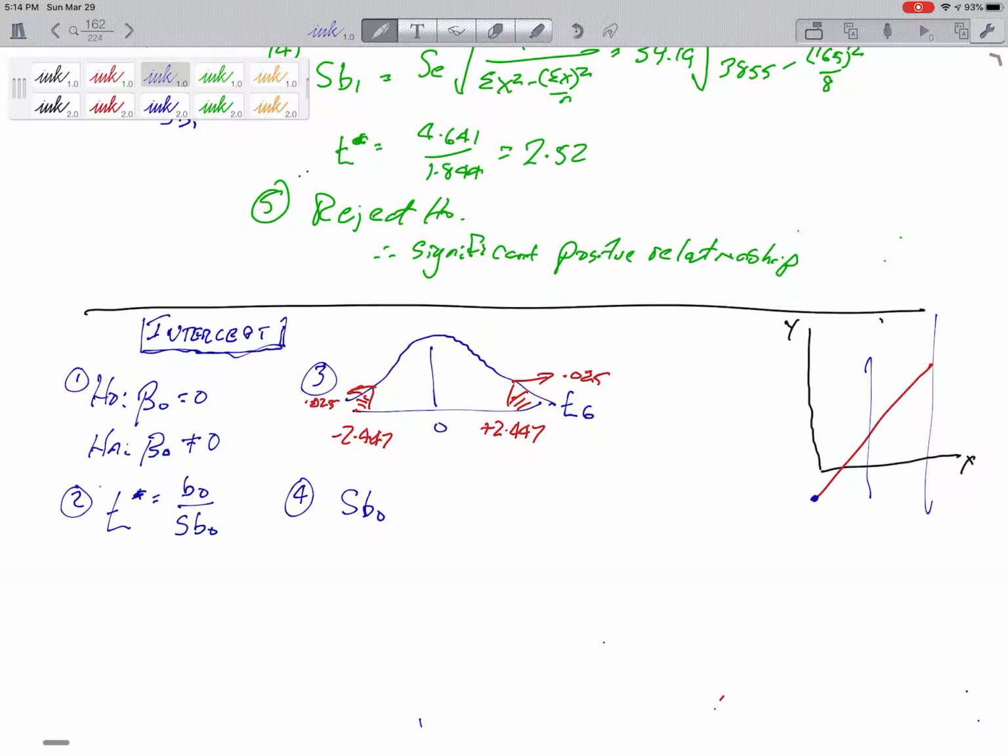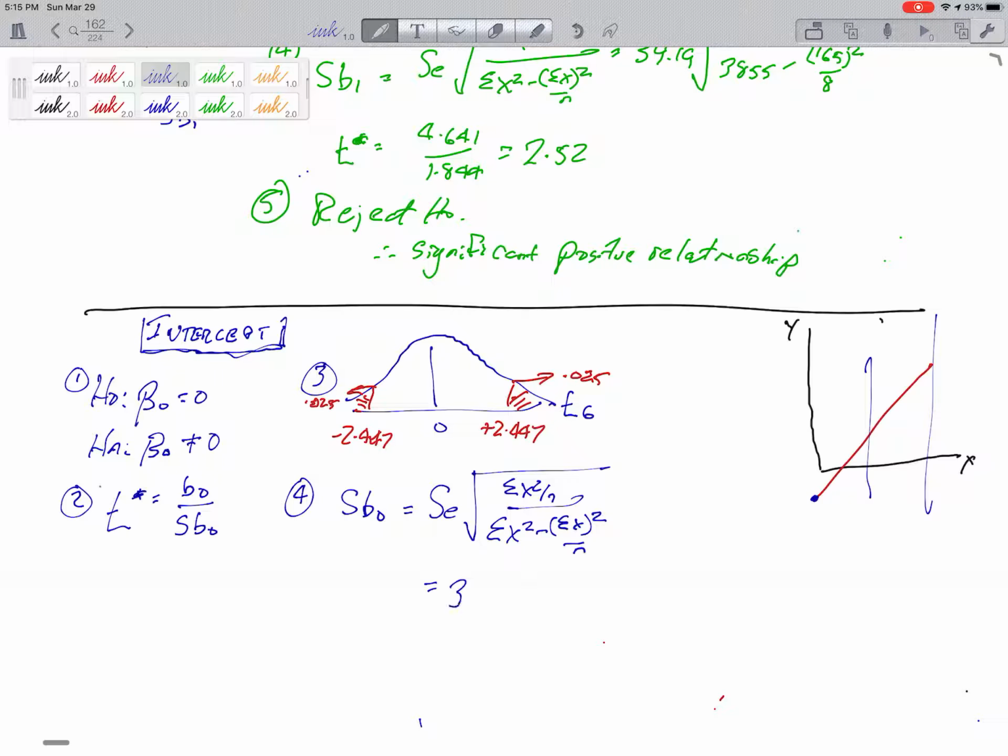SB naught is equal to SE times the square root of the sum of the x squares over n, over the sum of the x squares minus the square of the sum of the x's over n.